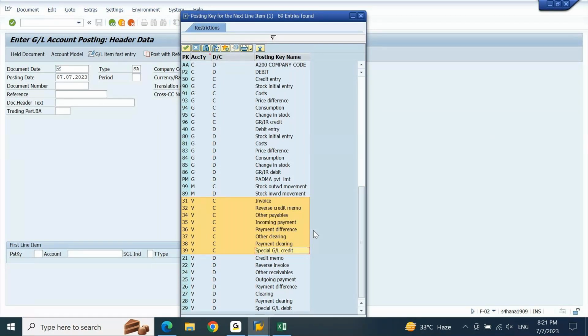But in general, whenever you are posting transactions, there are certain transactions wherein you will be giving the posting key manually. There are certain transactions wherein your vendor account is extracted automatically by the system. You have something called automatic account determination.